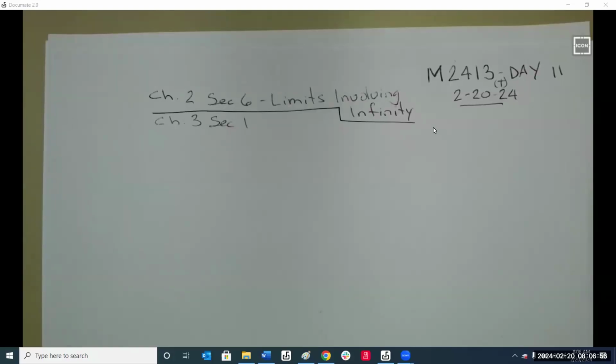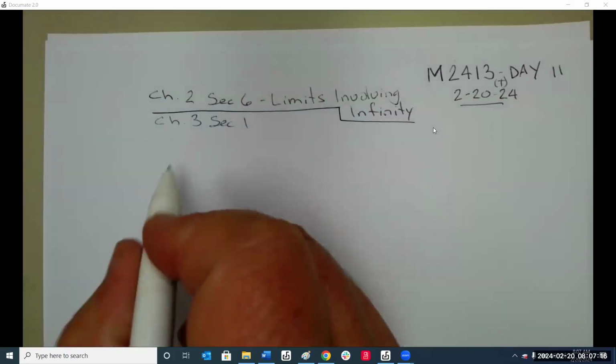What do we mean when we talk about limits involving infinity? Yeah, well, the graph functions are always going to infinity. Which part? The domain or the range? Okay.